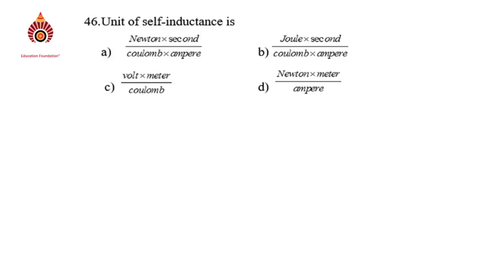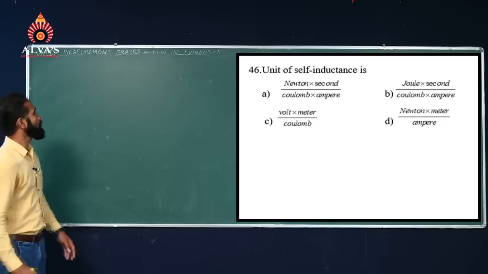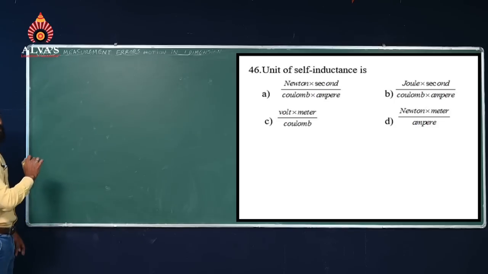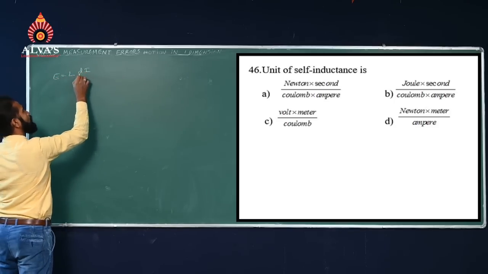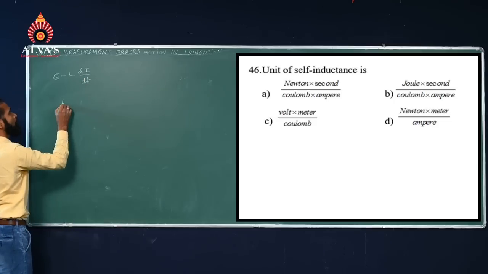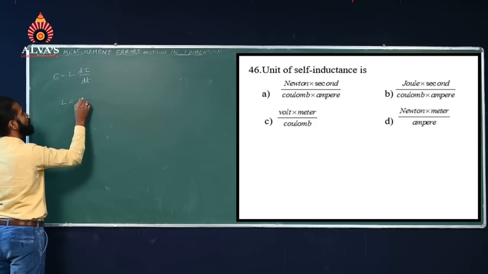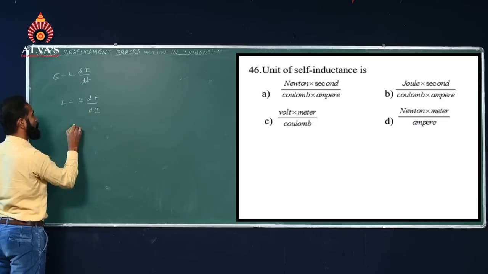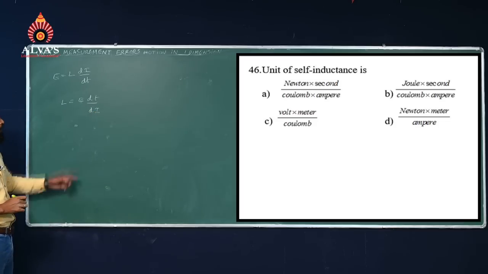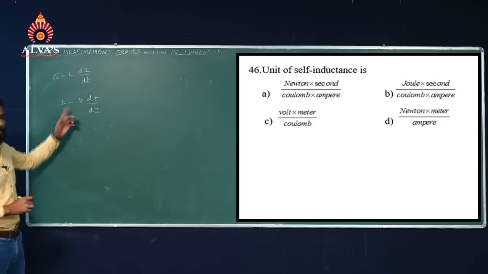Question 46. Unit of self-inductance is. We have EMF induced in an inductor equal to L di divided by dt. So we can write L is equal to E into dt divided by di. E stands for EMF, and EMF is defined as work per unit charge.